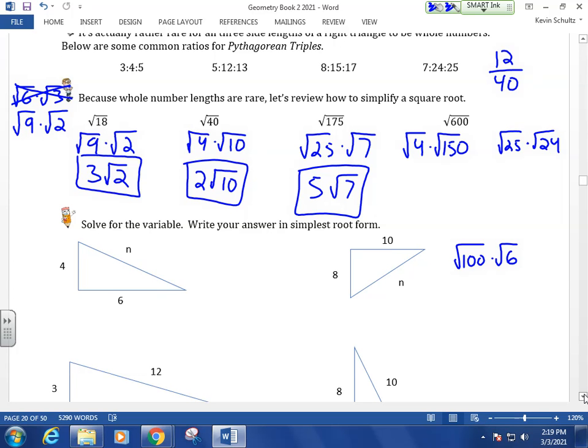The largest number. The greatest common factor, which is what for 12 and 40? 4, right? You could divide by 2, but then you have to divide by 2 again, versus dividing by 4 once, and you're directly there. This is the same kind of thing, to where if I start with root 4 times root 150, yes, the root of 4 simplifies to be 2, but what does the root of 150 have?